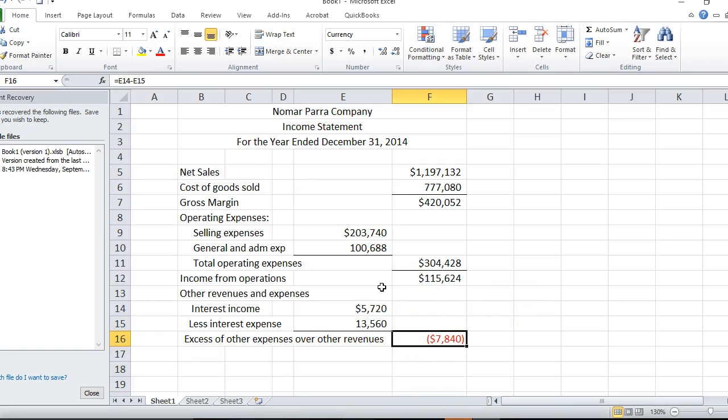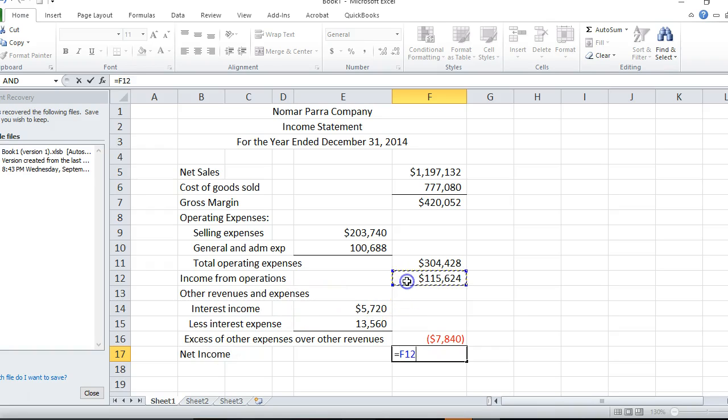And then ultimately, we show the bottom figure, net income, is going to be the 115 minus our 7,840. Oops, I'm doing something wrong. Oh, I see what I did. $107,784.